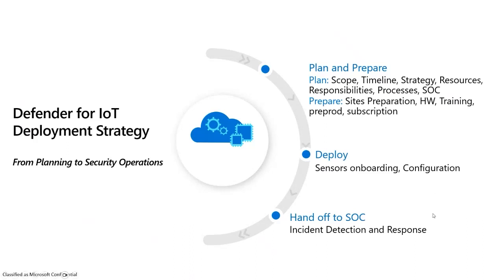Then we move on to the deployment stage, which technically takes a little bit of time, because here's when we are configuring and customizing the solution specifically to the customer's needs. In the deployment stage is when we create the baseline, and we create it so that we can get to a position where we've identified a use case and we are ready to hand off to SOC for security operations.